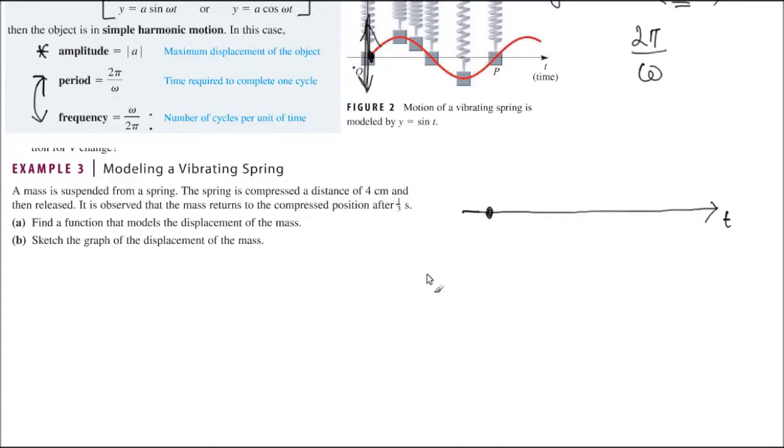The spring is compressed a distance of 4 centimeters, so the initial position is over here. Is that okay? Then it is released. What's going to happen? It will go down, hit the lowest point, and come back up. Isn't that the expected motion? Compress the spring, release it, go down, and come back up.